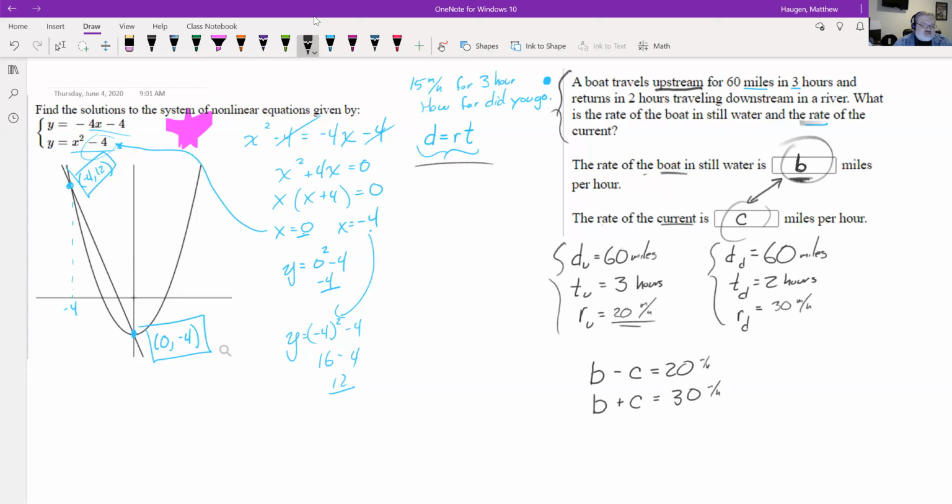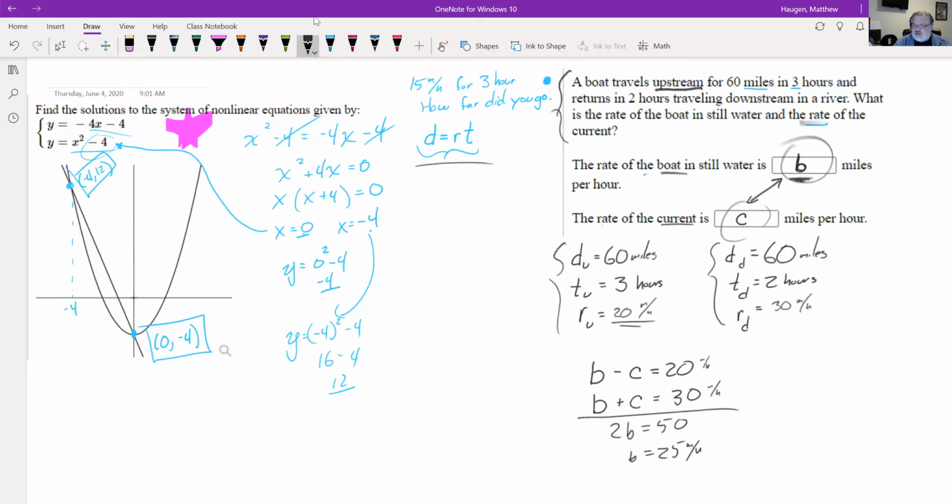And that's it. That's our system. It's set up for the addition method nicely. Add those together, you get 2B equals 50, so B equals 25 miles per hour.